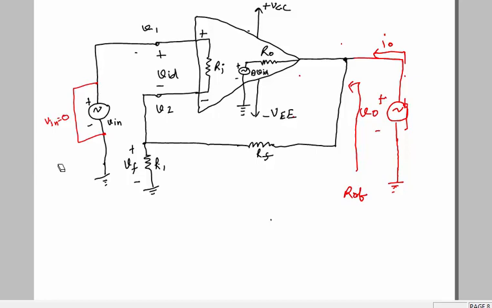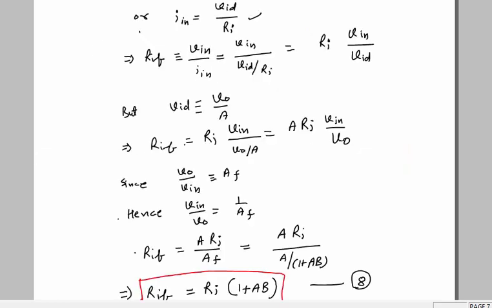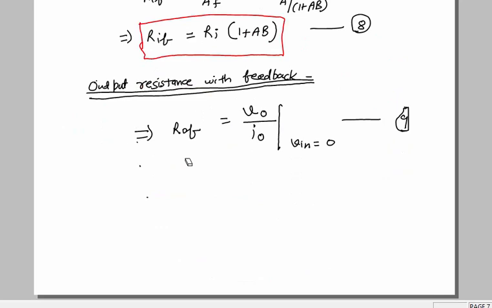Let us call this node N, this current IA and this current IB. This is the arrangement we have made to find the output resistance, which is defined by this formula: ROF equals V naught by I naught at V in equals 0.